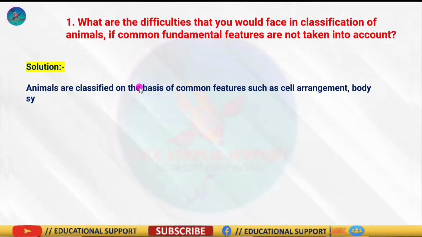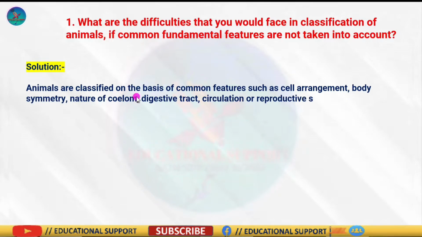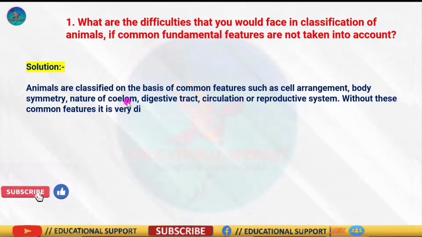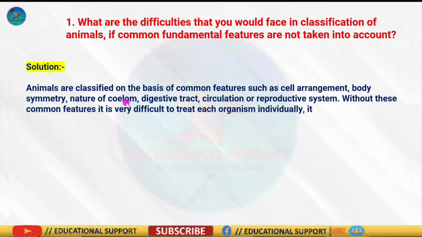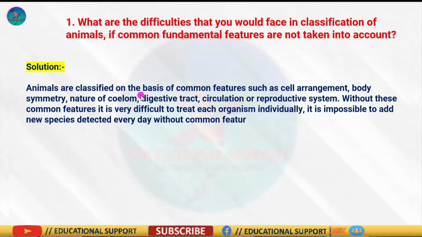The various common fundamental characters are taken into account for the classification of these animals. If this has not been done, it is not possible to deal with every living form separately at individual level. Therefore, a classification has to be based on the common fundamental characters to study the diversity properly.